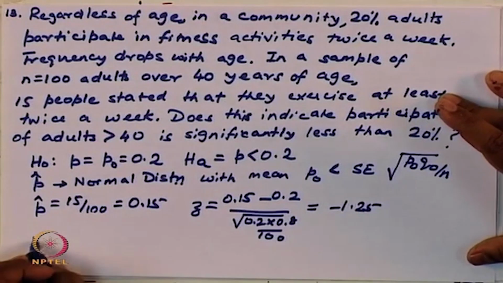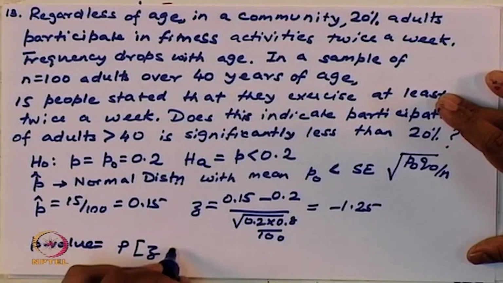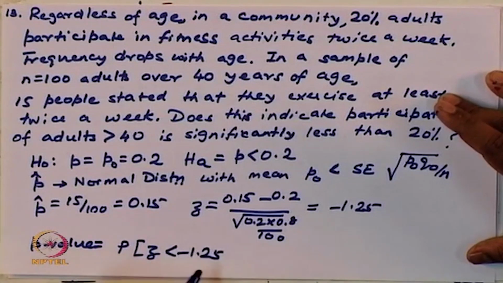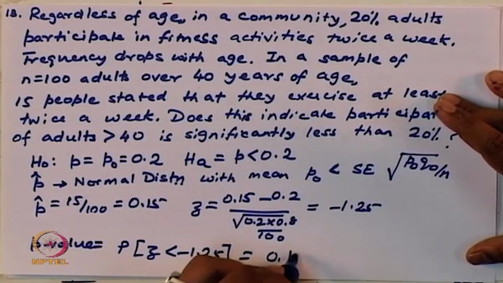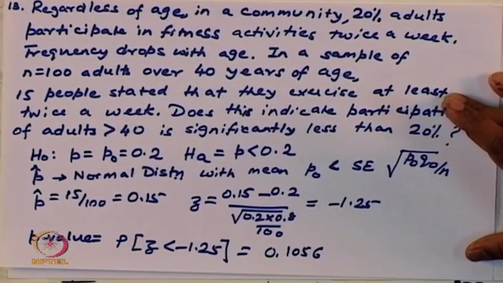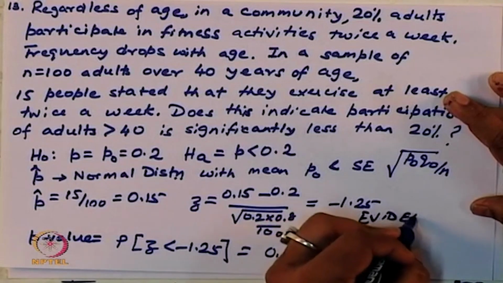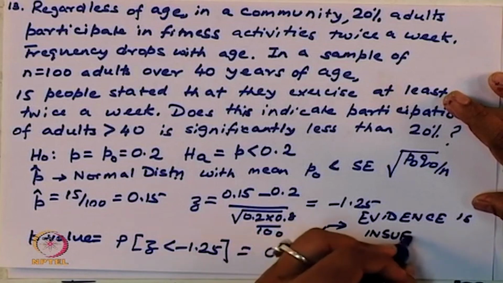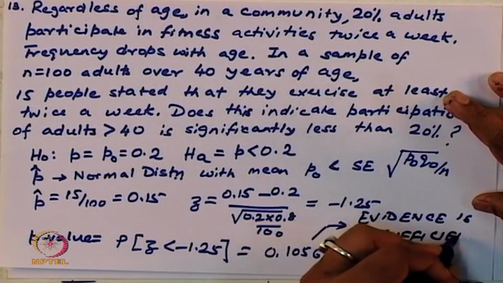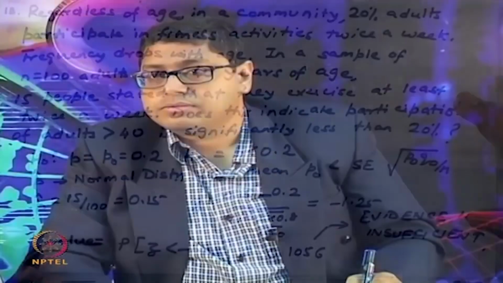Okay, so the p value comes out to probability of z less than minus 1.25. Okay, and this is 0.1056. So, this would tell you that your evidence is insufficient.